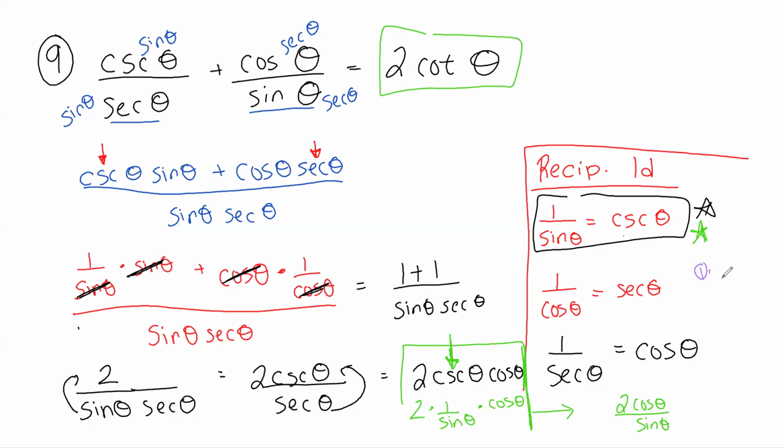This would be under the quotient identities. Cos over sine, that is the definition of cotan. So right here, this cos over sine is going to be replaced with cotan. So we're going to have 2 cotan theta. There we go. That is what we were trying to prove.